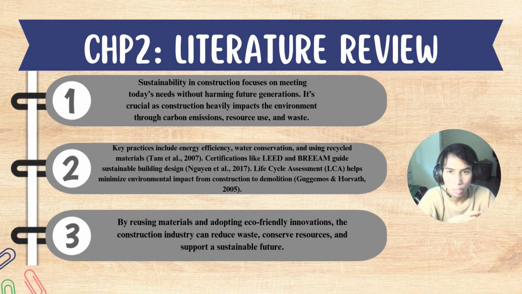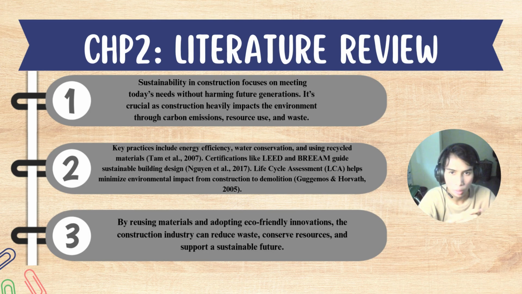Next, I will explain chapter 2, which is the literature review. Number one, sustainability in construction focuses on meeting today's needs without harming future generations. It is crucial as construction heavily impacts the environment through carbon emissions, resource use, and waste. Secondly, key practices include energy efficiency, water conservation, and using recycled material.